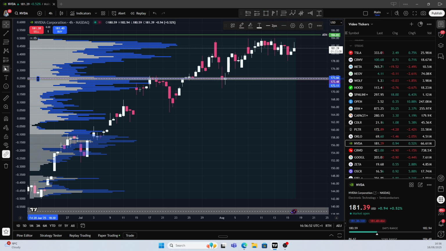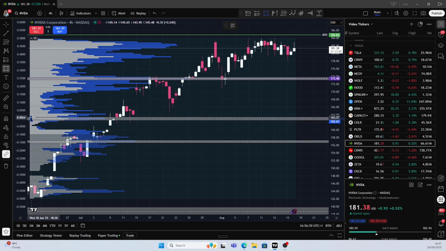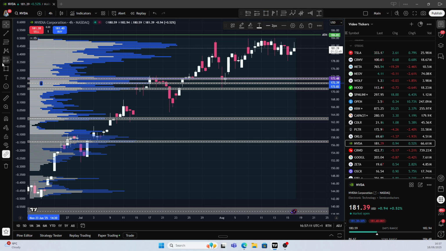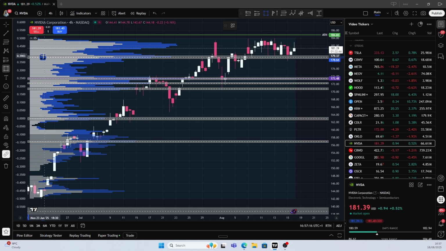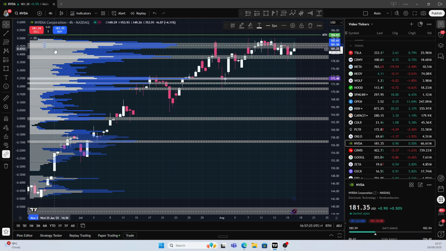There's a box there of interest, a box here, a box there, a small box there. We have a little wick there, we have that there at 179, and we've got quite a big box here that it's currently sat in.